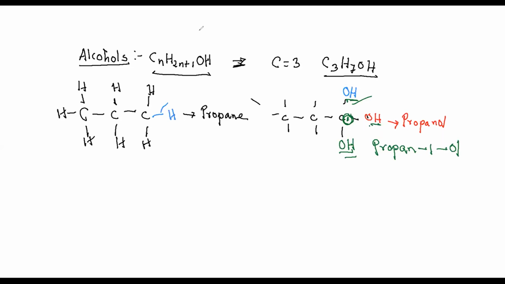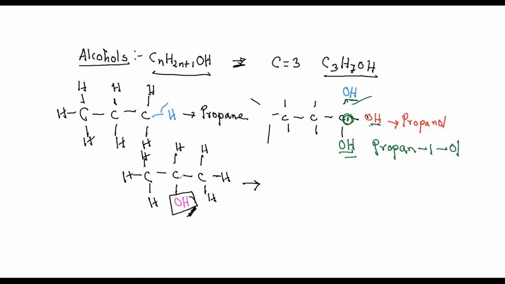Okay, next. What is the name of this compound? Propan-2-ol. Okay, very good. The OH is at the center, so obviously we cannot start naming from the center. We have to start naming from either end. If we start numbering from this end, it's 1, 2, 3.